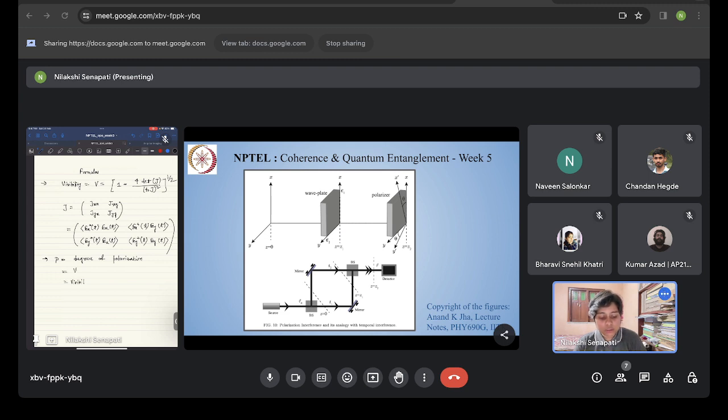That is the beautiful thing here in the polarization degree of freedom. I mean, in every degree of freedom. That's what we have observed.